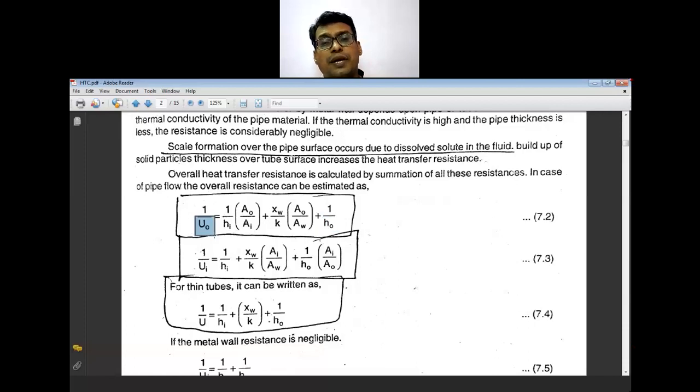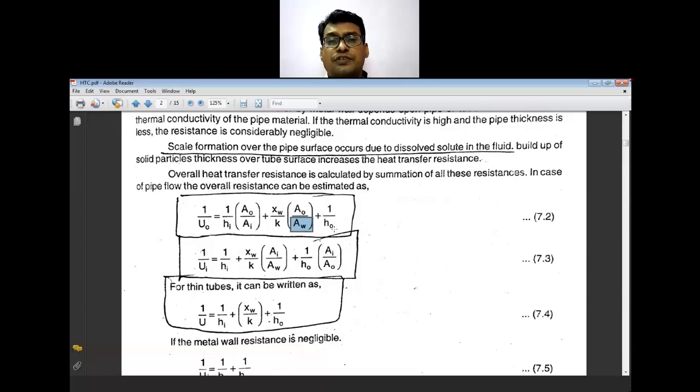Now, when you calculate the U0, that is based on your outside surface area, so the area to be considered. It's a ratio of A0 upon AI that has to be multiplied to the 1 upon HI. Similarly, X upon K, there also you are multiplying with the ratio of A0 upon AW. This is the outside area and the average area.